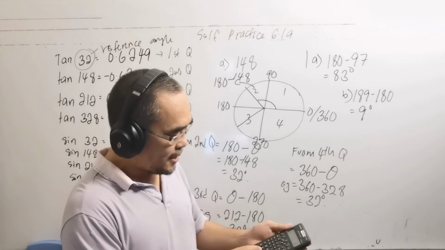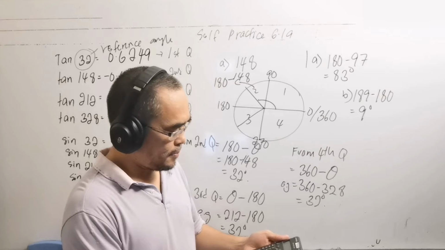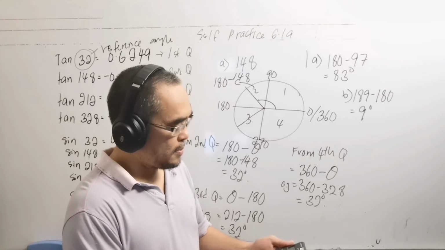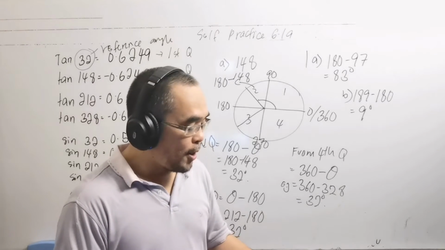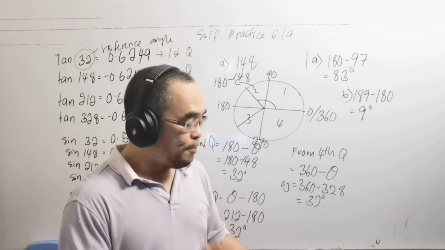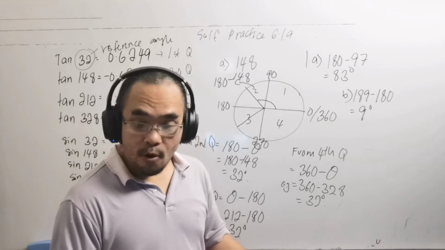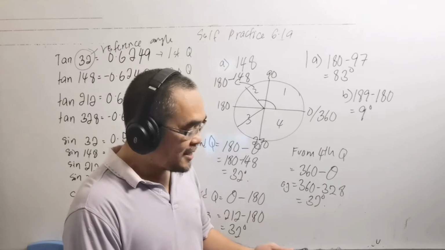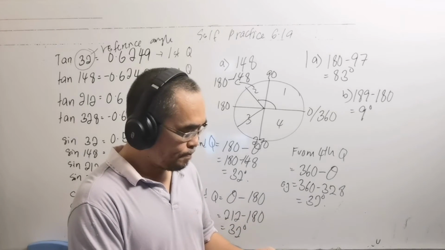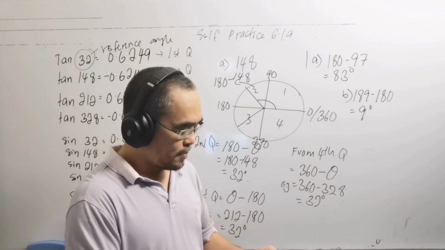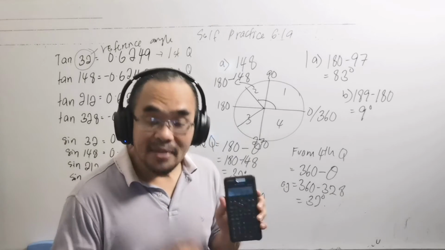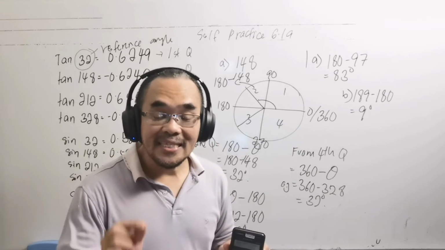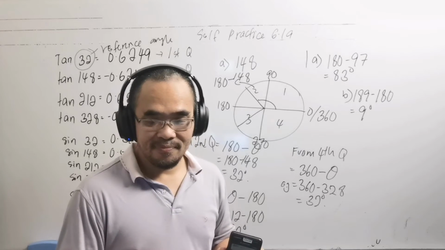Press the calculator, you get 8.144. Press the calculator with tangent 97, you still have the same number, but it is negative.